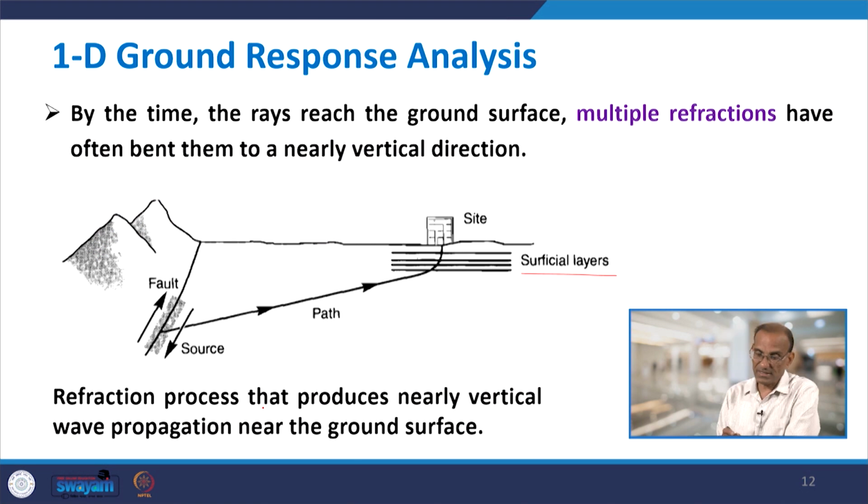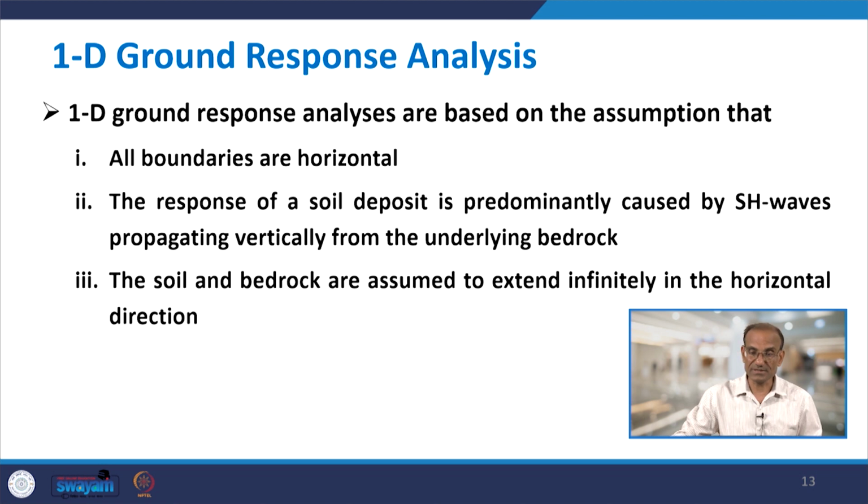So once a wave hits this boundary, it starts becoming vertical, and as a result it can be assumed that when these waves reach the ground surface, they are like vertically propagating shear waves.